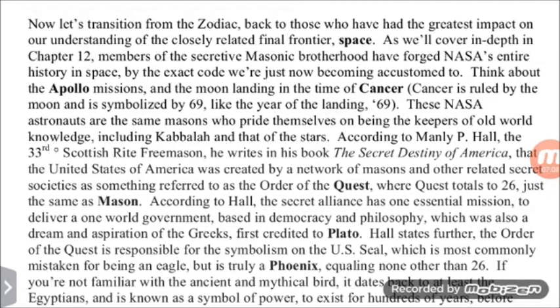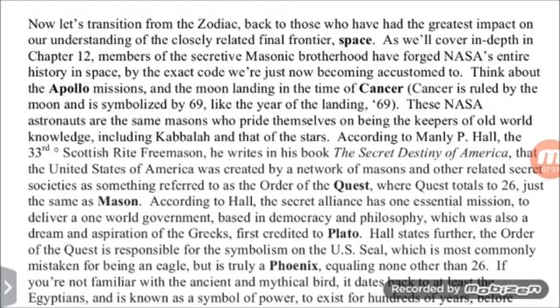Cancer is ruled by the moon and is symbolized by 69, like the year of the landing, 69. These NASA astronauts are the same Masons who pride themselves on being the keepers of old world knowledge, including Kabbalah and that of the stars.